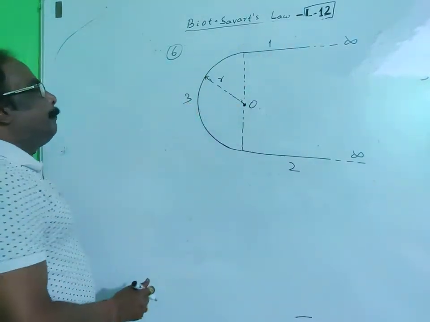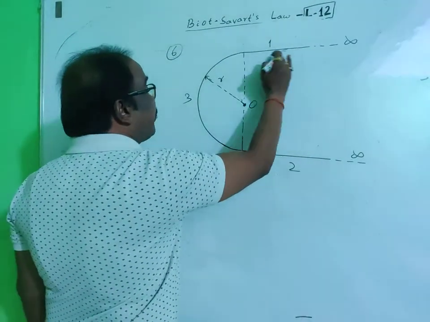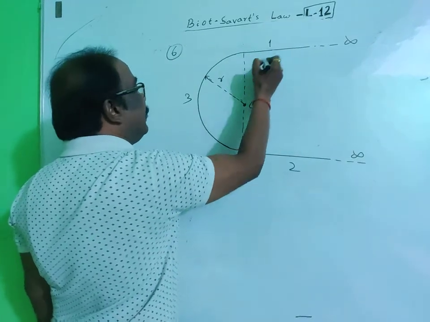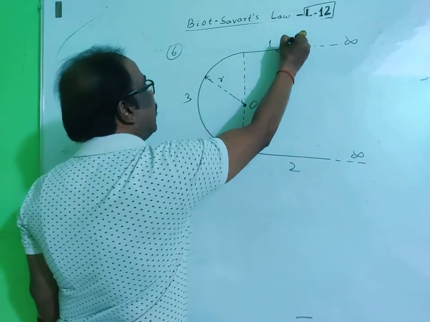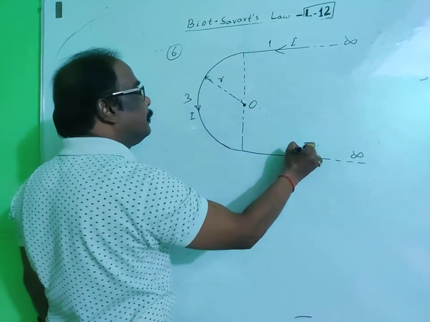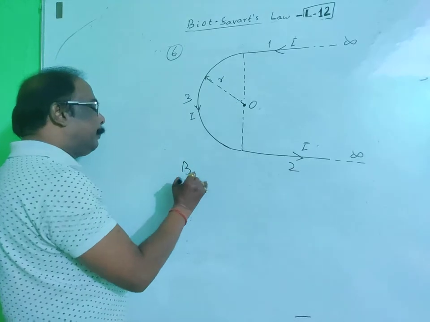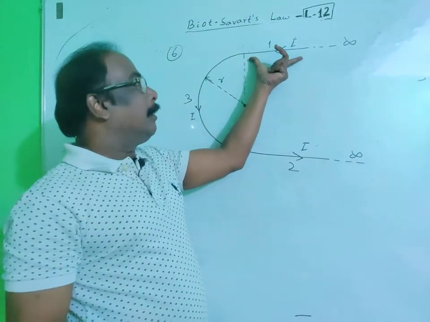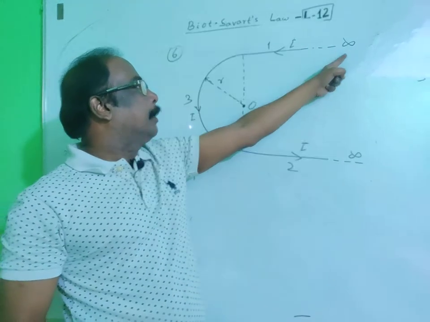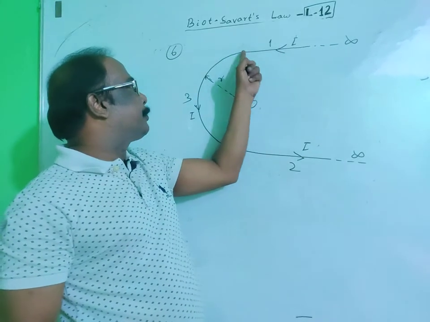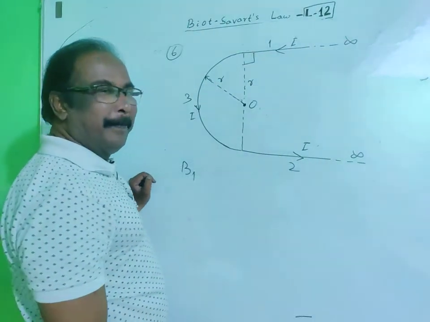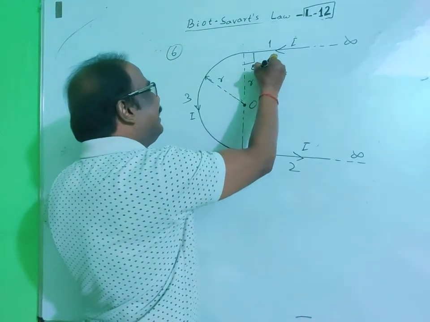So, for the straight conductor of infinite length in one direction, we have to find the magnetic field at O. Let the current be I. The same current is flowing in the semicircle. Magnetic field due to a straight conductor of infinite length in one direction at O: here the perpendicular distance is R, meaning theta is 90 degrees.